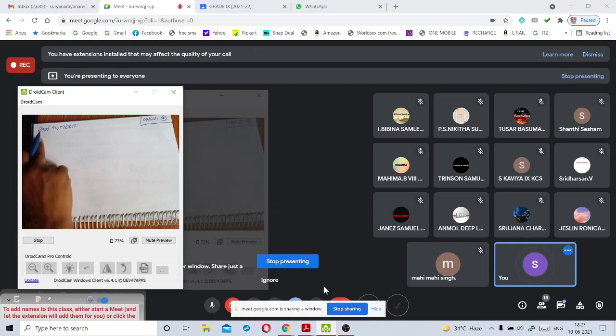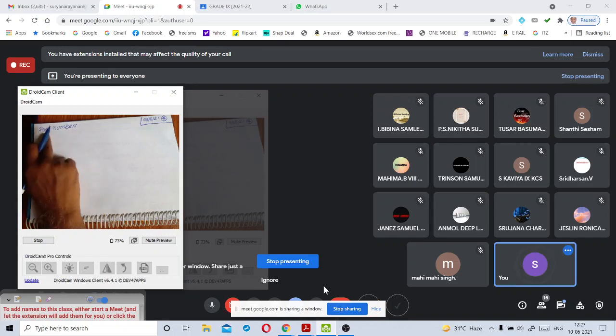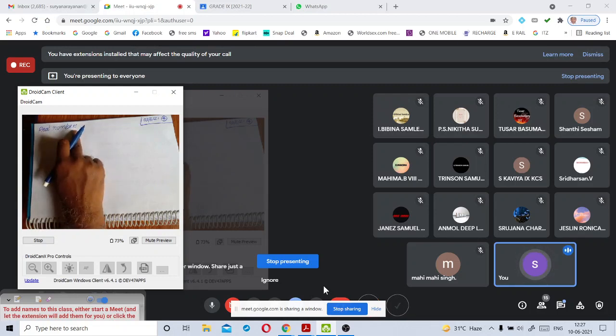And now the fifth type of numbers, that is real numbers. Real numbers are a combination of rational numbers and irrational numbers. All the rational numbers and irrational numbers together make the collection of real numbers.